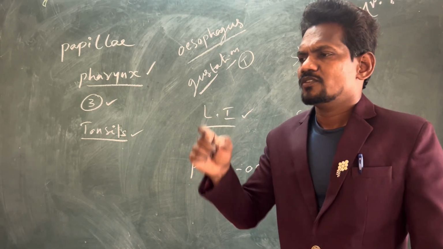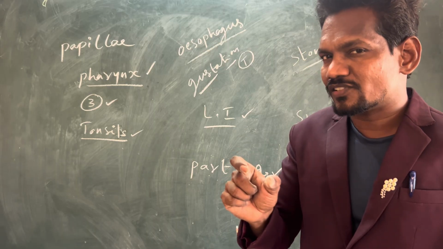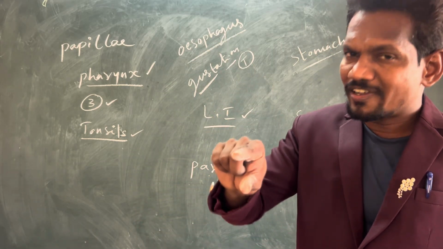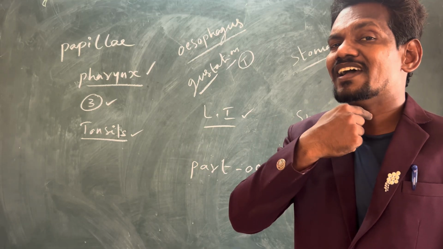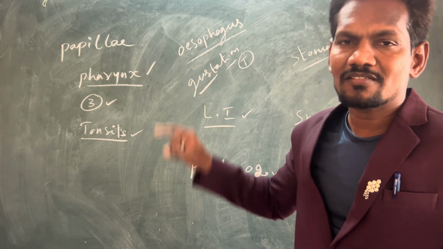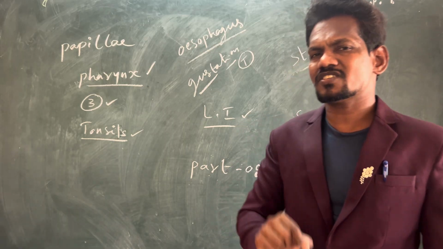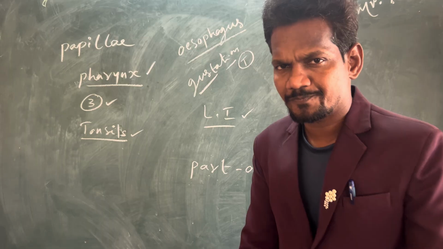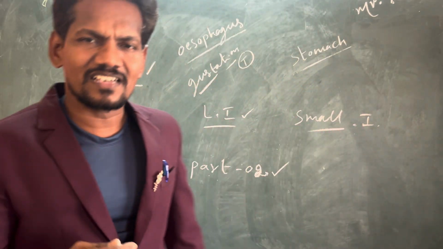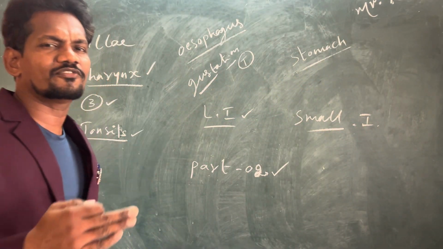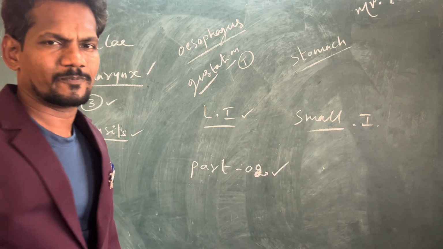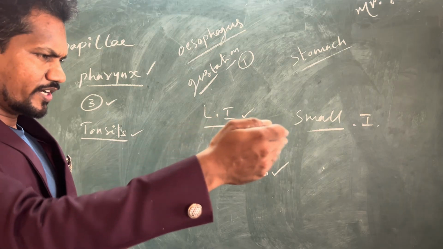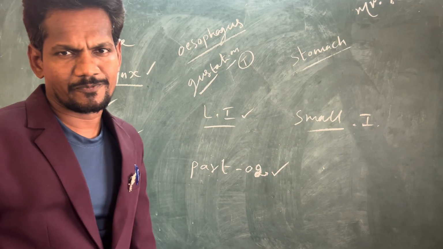The voice box, larynx or sound box, is located at the starting of the trachea, at the end of the pharynx. There is one special muscular structure called the epiglottis. This epiglottis guides the entry of air and food particles in their respective ways. Air must enter the trachea, and food particles must enter the esophagus.